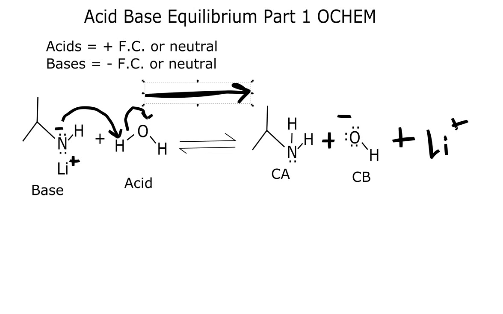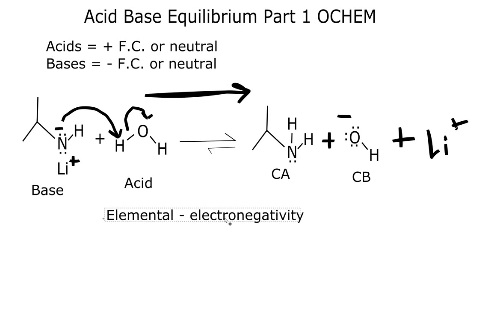So you might see a multiple choice answer. If by chance your test or quiz is multiple choice, you can see this. Let me do this arrow as smaller than this arrow because this side of the reaction is favored. So why again is this side favored? Because of elemental reasons, and specifically electronegativity. So that is your answer and reasoning for this problem.